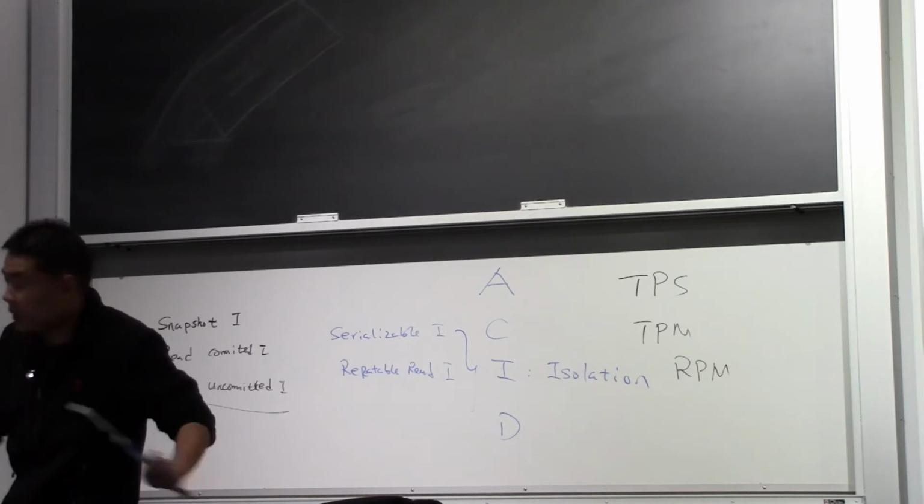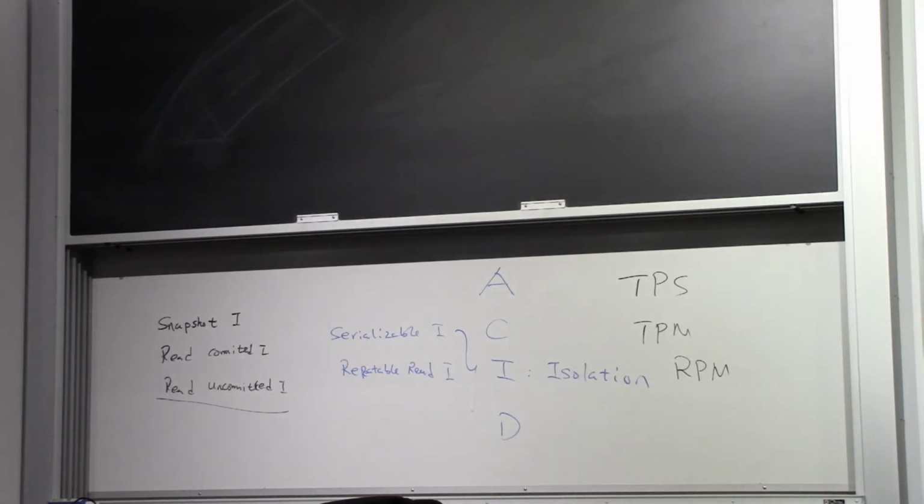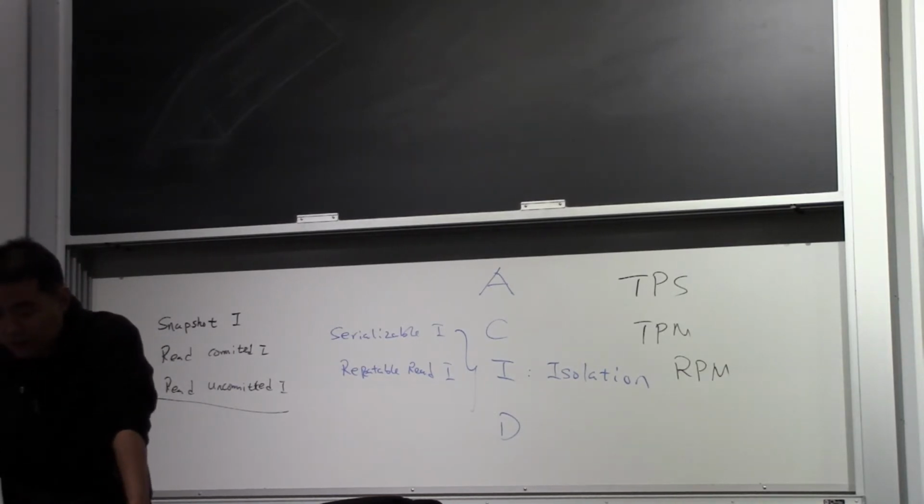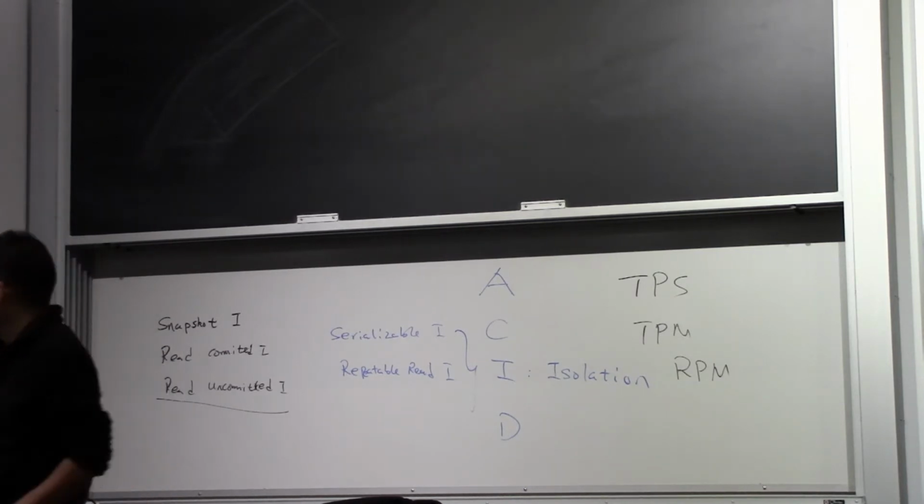So weaker isolation levels basically mean increased concurrency plus decreased overhead, which leads to better performance. But it does bring weaker consistency guarantees. Some systems have repeatable read as the default.